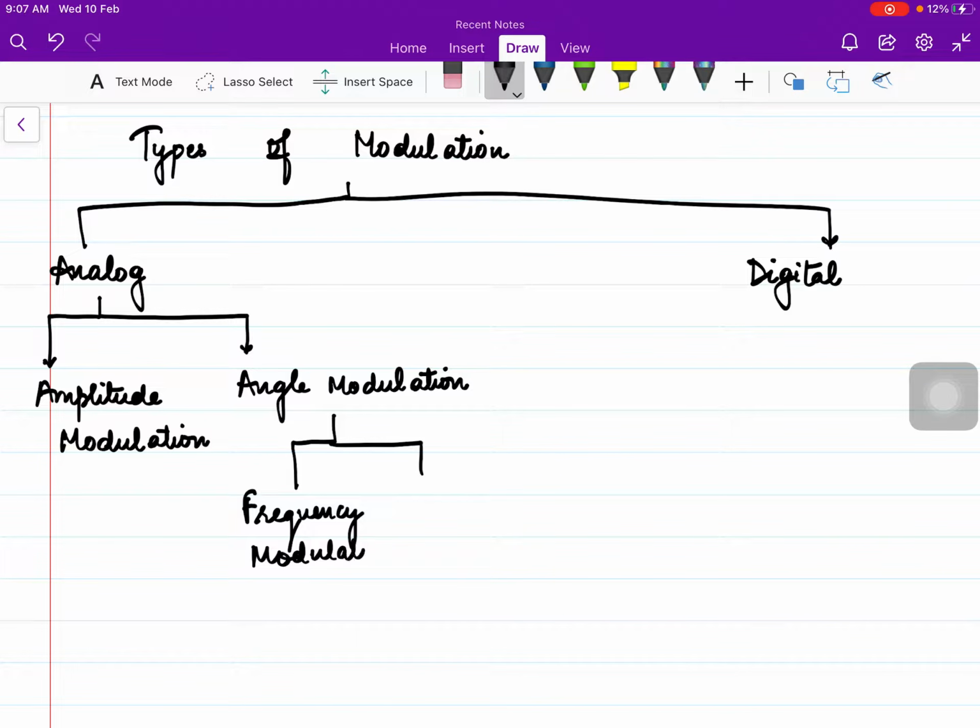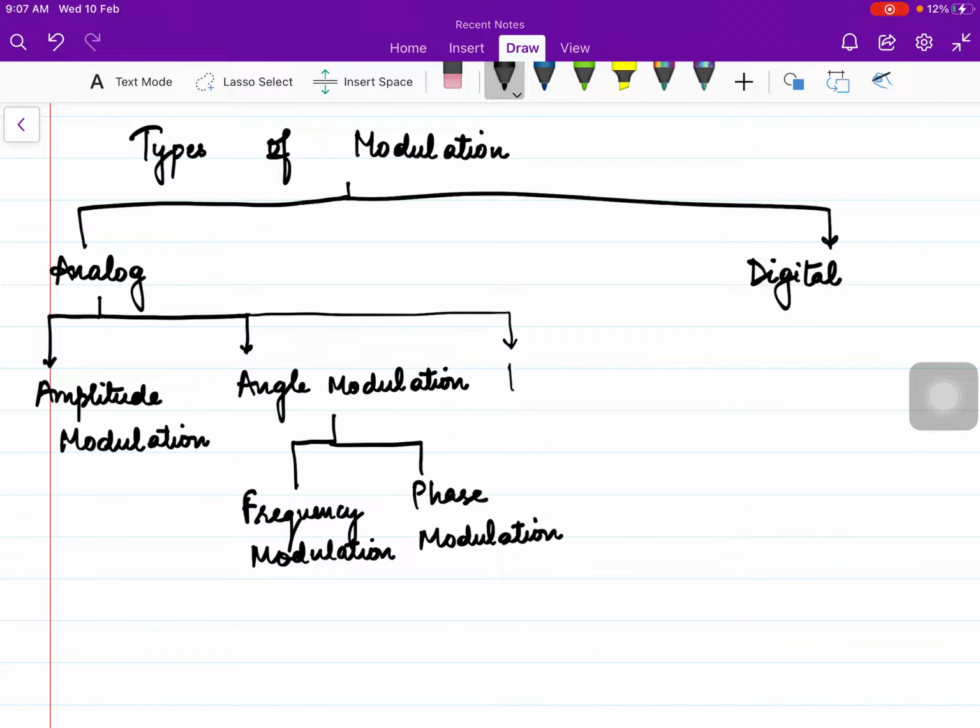Frequency modulation and phase modulation come under the category of angle modulation because both are included in the angle. For example, you are given a signal A cos omega t. Here it is the carrier signal, and if you are varying the omega t, that means the angle in A cos theta, then if you vary theta, the frequency and phase will change. So both frequency and phase modulation come under the category of angle modulation.